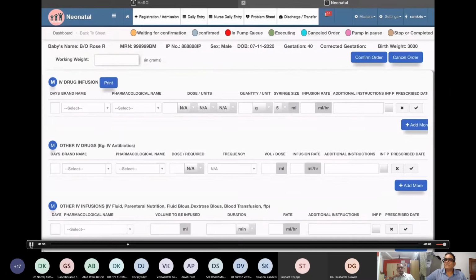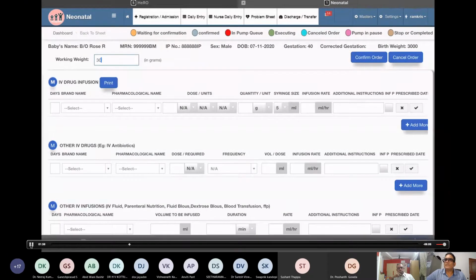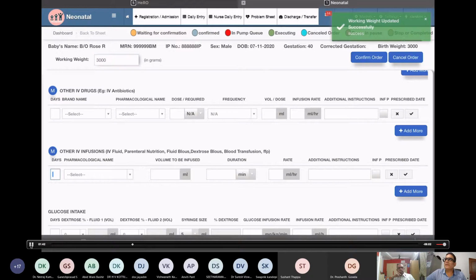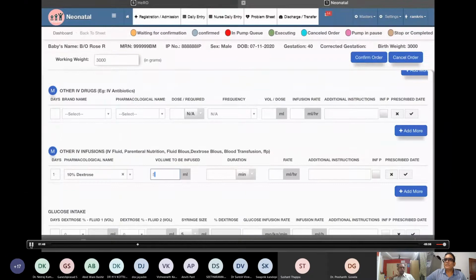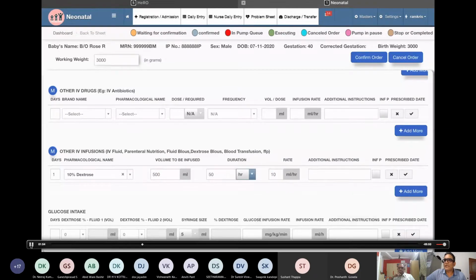First I put the weight of the baby as 3 kilograms. And then the first medicine that I'm going to put is 10% dextrose. Assume that I'm taking 500 ml, and then I'm running it at 10 ml per hour.